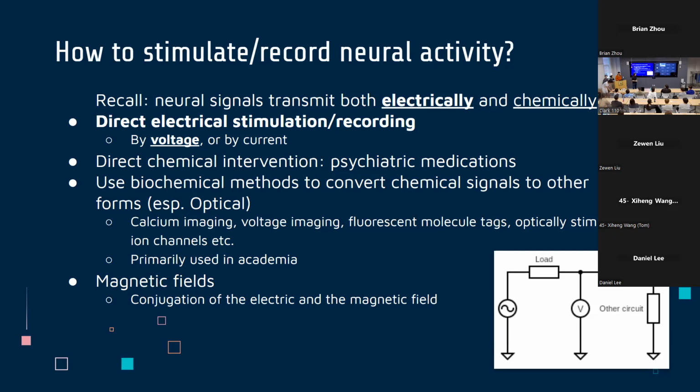But then there's a whole lot going on besides just electrical ways. There are also chemical ways. We can intervene with brain function, for example, with psychiatric medicines, or whatever gets you high, which you should not be taking. Those are usually analogs of neurotransmitters that are naturally passed between neurons, but you can create analogs of those chemicals so that they mimic their function and give you that general state of being.